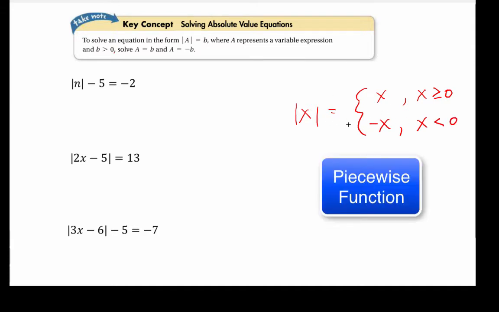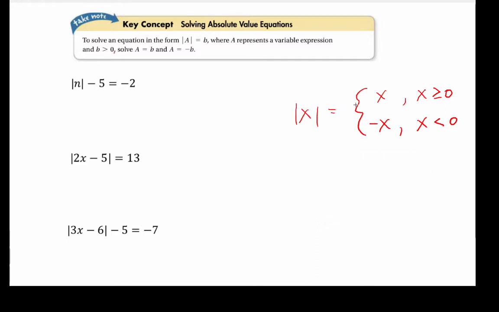This is called a piecewise function, meaning the absolute value of x is defined in two pieces. It's defined this way when x is a certain value, and it's defined that way when x is another value. So that's what leads to these two expressions. There is a reason why we do this, and it goes back to the definition of absolute value, which we haven't really looked at in an algebraic sense, but we will explore this more.